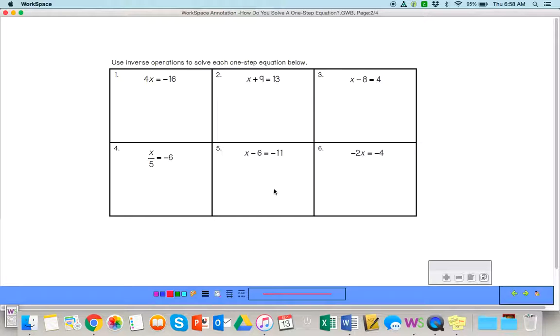So when we are solving equations, we need to get the variable by itself. So what I want you to do is first, circle the variable.